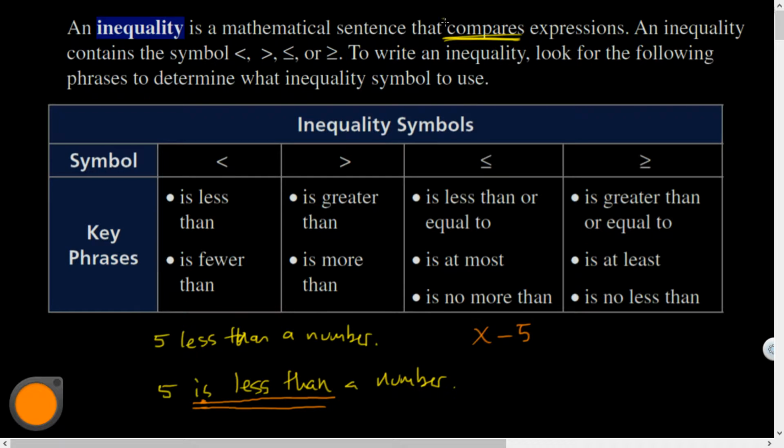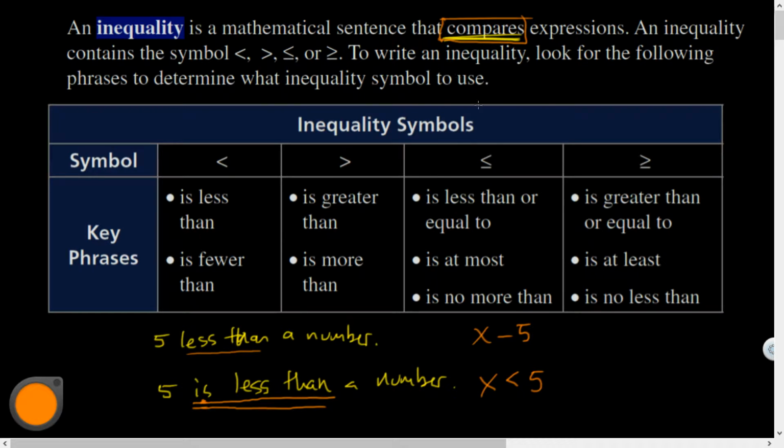You could think about is as being kind of our comparison word, so to speak. So 5 is less than a number would actually be 5 is less than, the less than symbol, x. So notice the subtle difference, the only difference between these two sentences is the word is. So beware of that, my friends. It means something completely different.